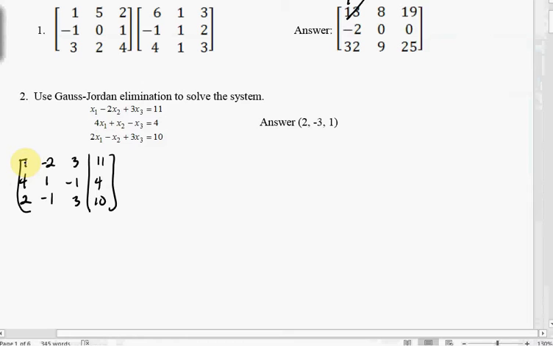Use the 1 at A11. We have a leading 1 there, so that's good. So we use that 1 to get zeros below it.